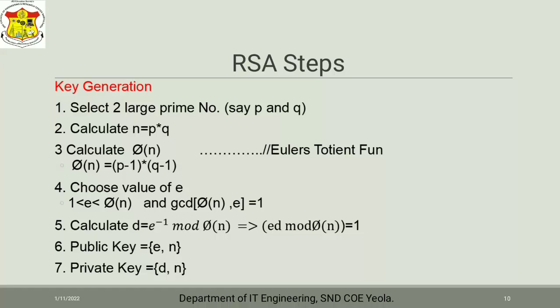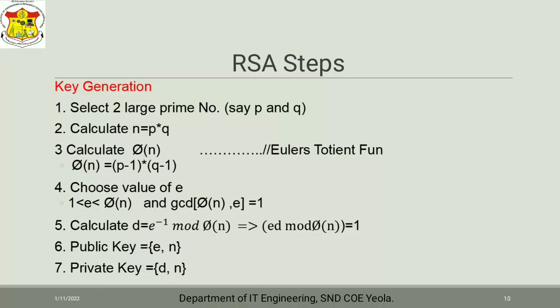After which we have to find n, that is the modulus of encryption and decryption, obtained by n is equal to P into Q, the multiplication of the two prime numbers. After which we have to find the totient function, that is phi of n. We have the formula phi of n is equal to (P minus 1) into (Q minus 1).